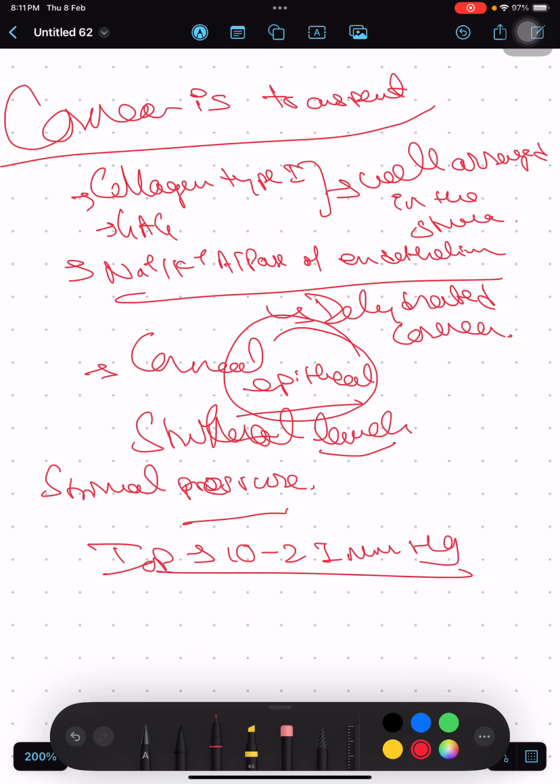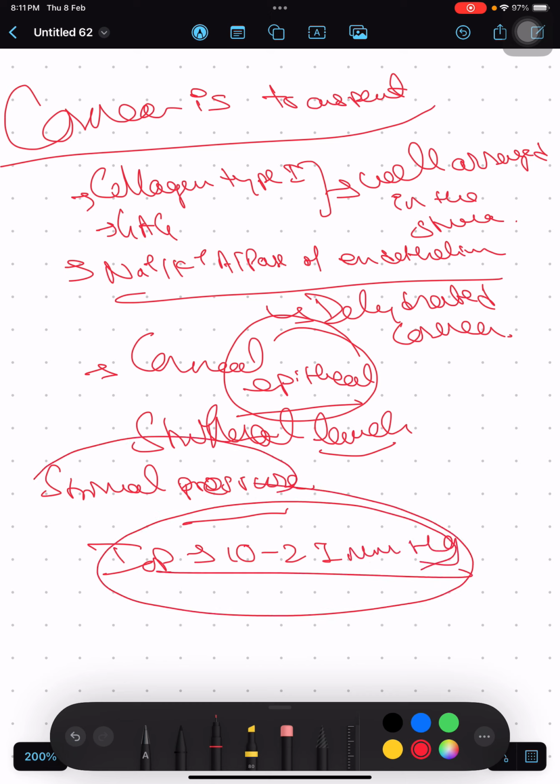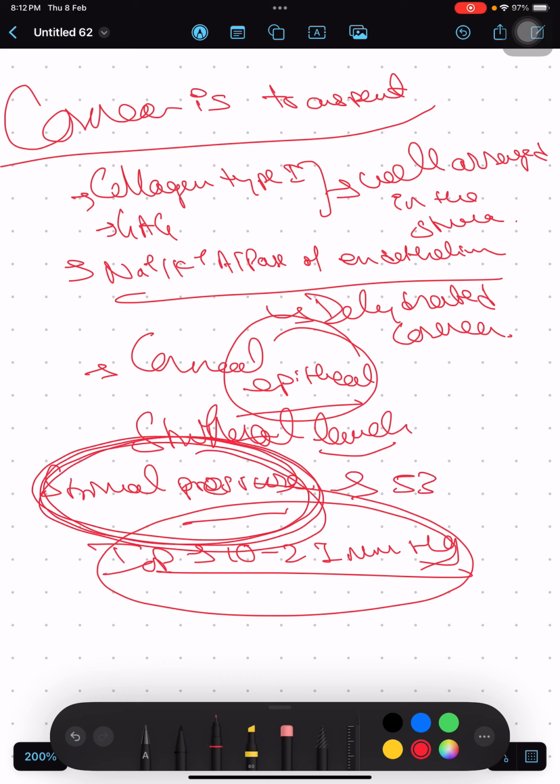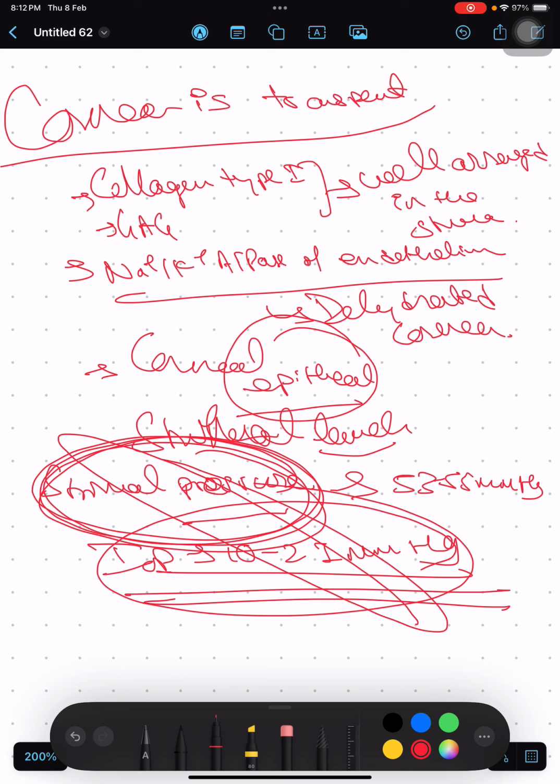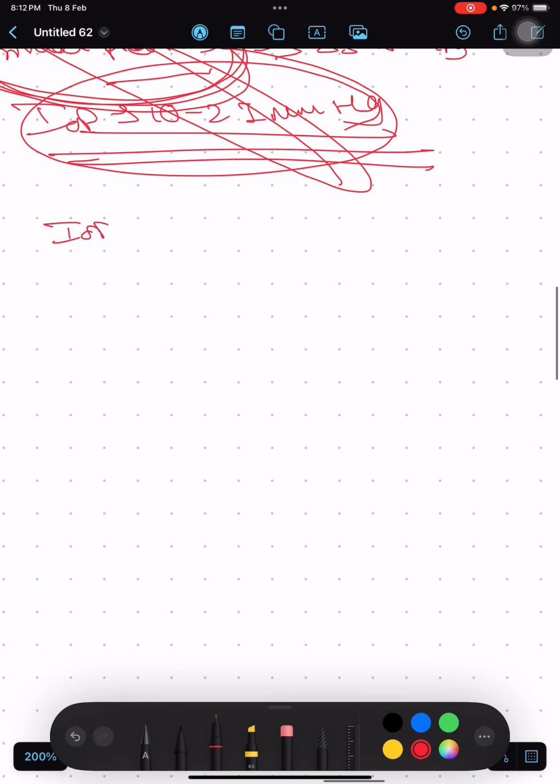More on intraocular pressure you'll study in glaucoma, but what you need to remember is that the stromal pressure is much higher, about 53 to 55 mm of Hg, and this difference is also responsible for the cornea being dehydrated, and therefore transparent.